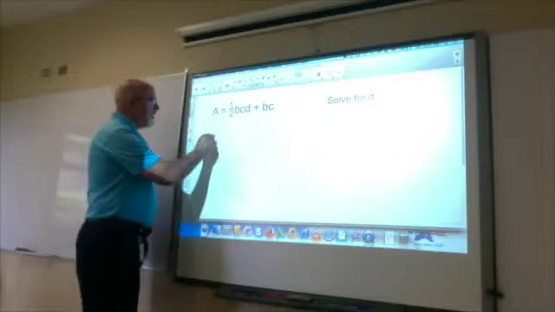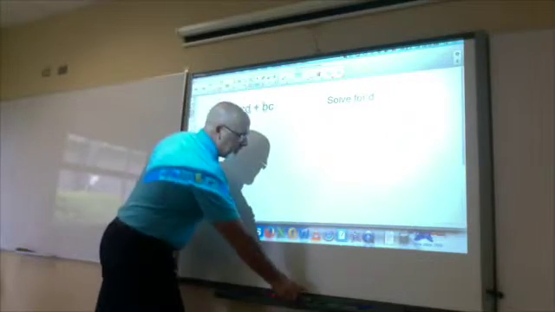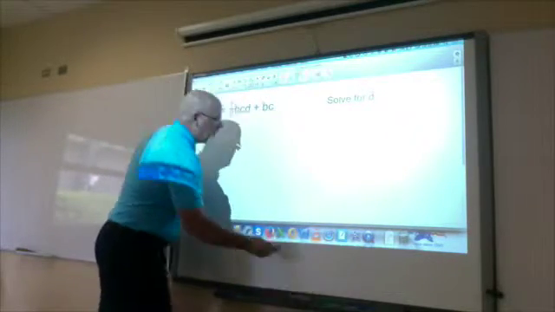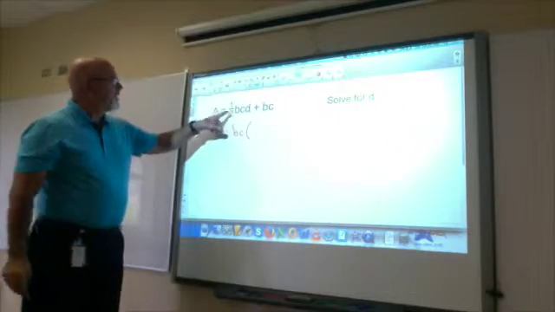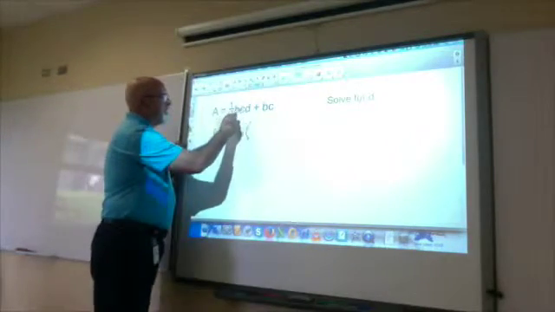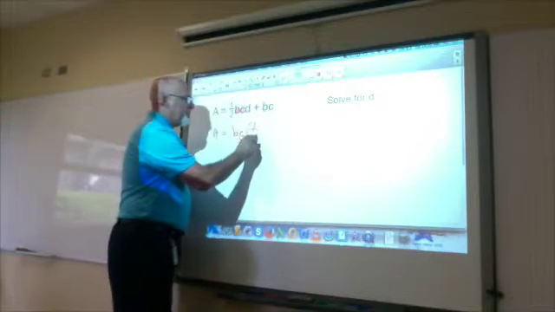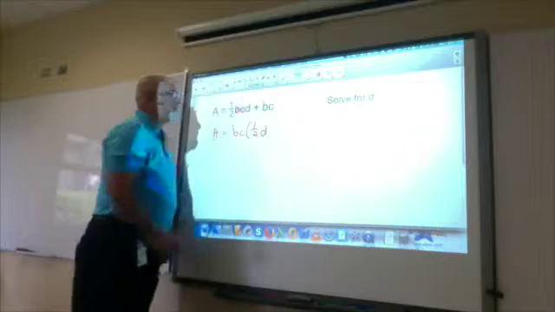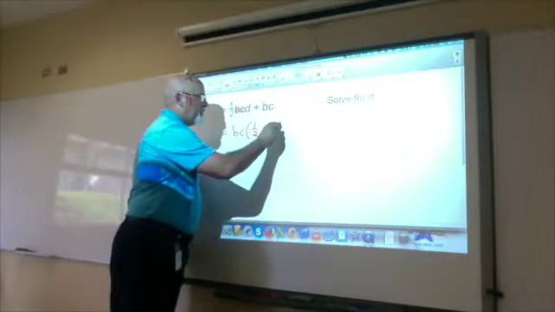So let's do that. A equals BC, because we're factoring out the BC. When you factor out BC out of 1/2 BCD, you're left with 1/2 D. And when you divide BC by BC, you get 1.